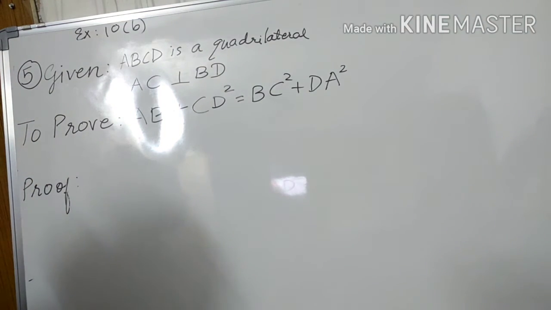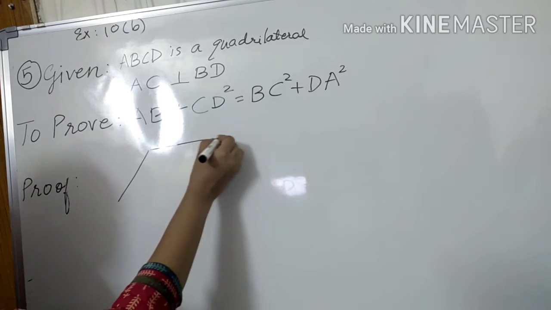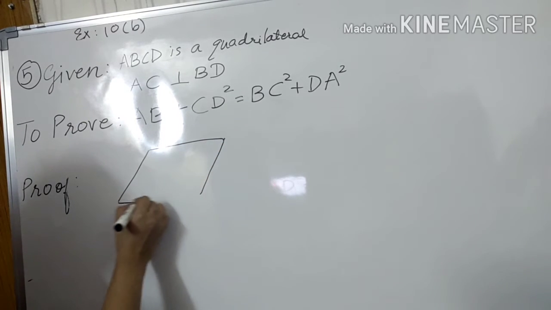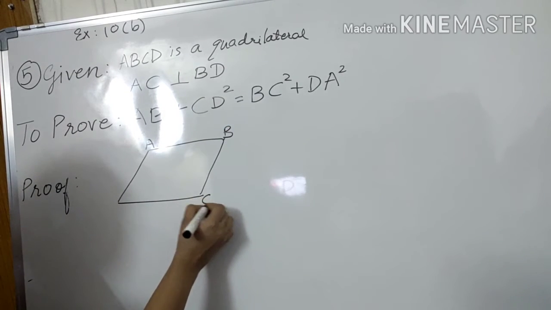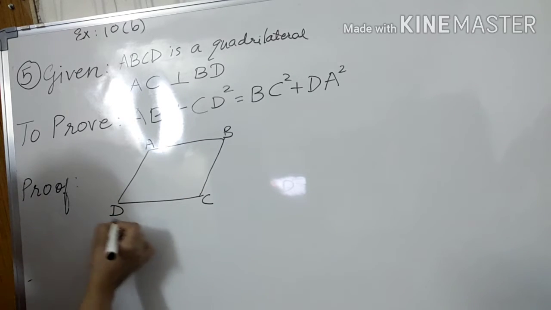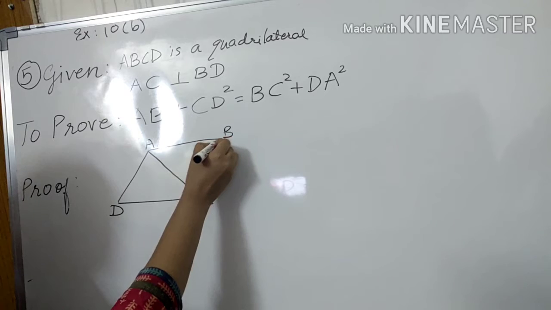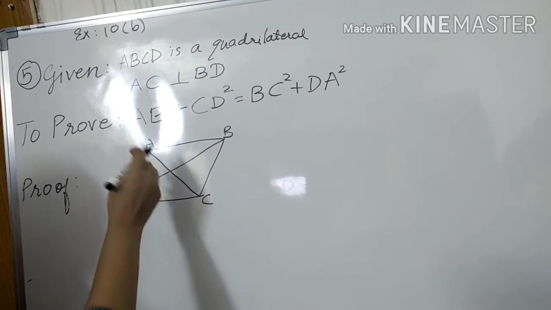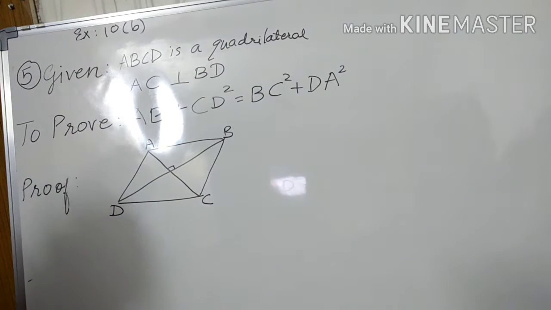So first of all, let us draw the figure. Here it is given a quadrilateral. So I am drawing here a quadrilateral ABCD. As you know, clockwise always we give the name ABCD. These are the diagonals AC and BD. It is given in the question that AC perpendicular to BD.